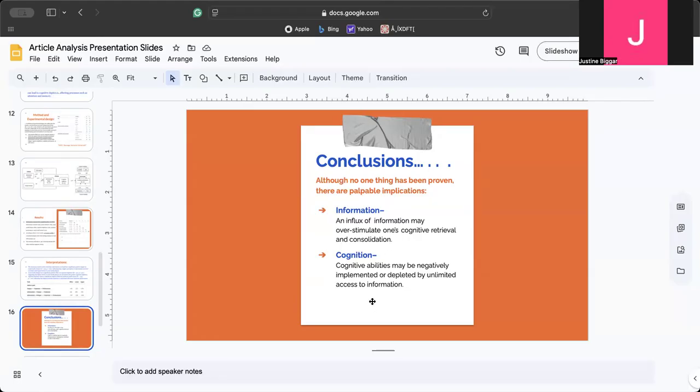And regarding cognition, cognitive abilities may be negatively impacted or depleted by unlimited access to information. Now, what I am saying here is that information overload can alter and ultimately stunt and deplete one's cognitive functioning and ability to focus on information at hand.